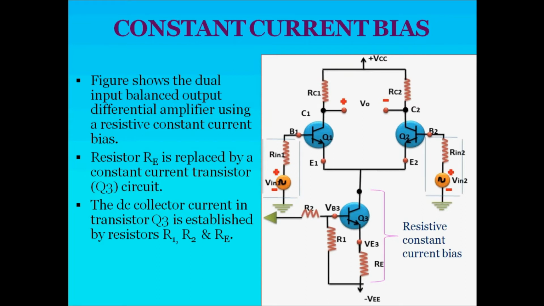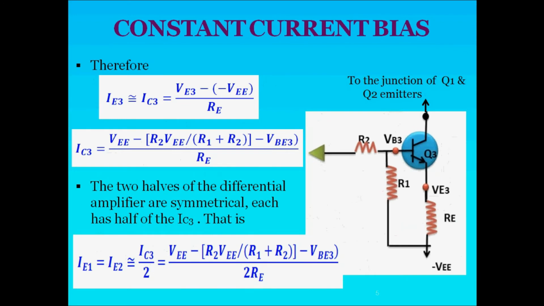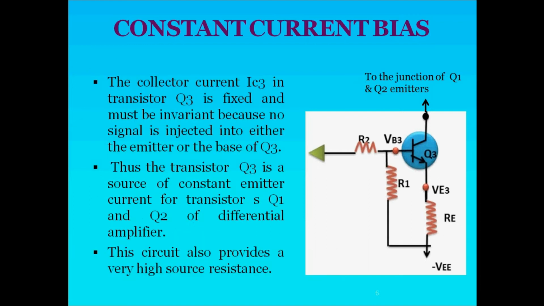IE1 is equal to IE2, approximately equal to half of the current IC3, that is IC3 by 2, which is equal to VEE minus R2 into VEE divided by R1 plus R2, minus VBE3, divided by 2RE. Since we write IC by 2, here only the 2 will come to the denominator. Now we have got both currents.